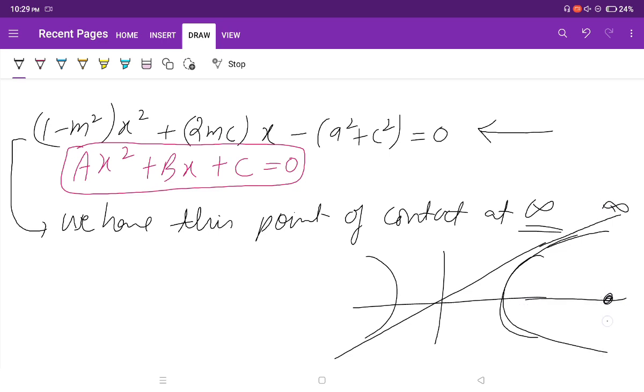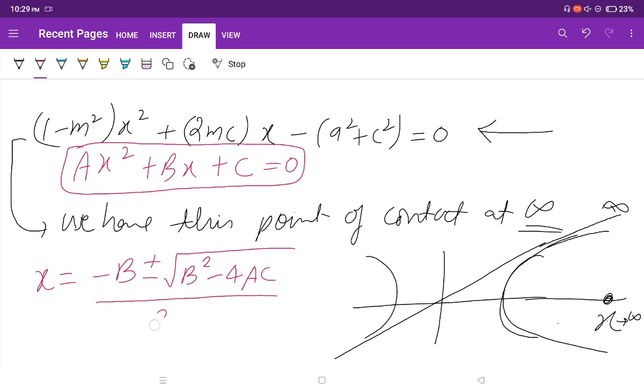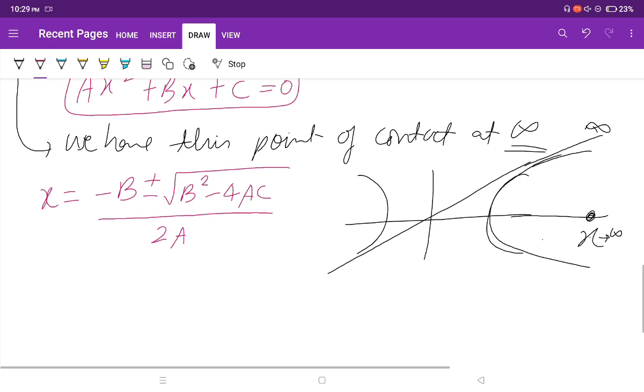Now here we have x approaching infinity, right? So for this equation we will have two roots, say x equals minus b plus minus root of b square minus 4ac over 2a, correct? We have the two roots x1 and x2.